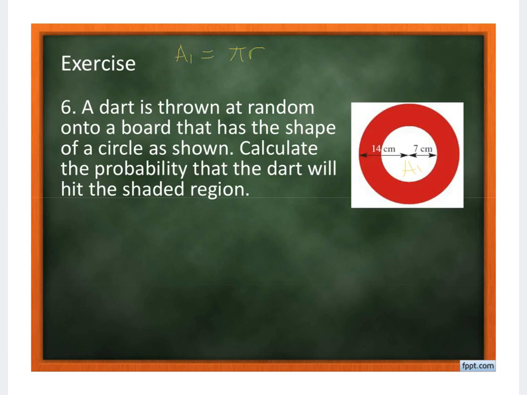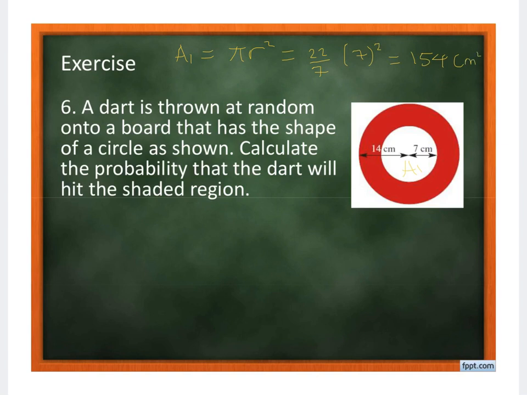Pi r squared. Pi is 22/7, r is 7, squared. So the answer is 154 cm squared.